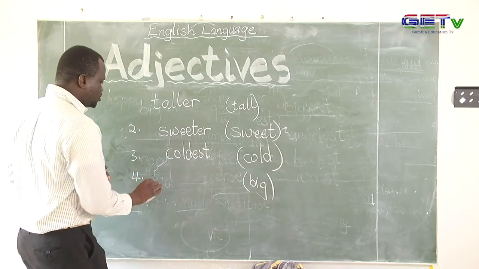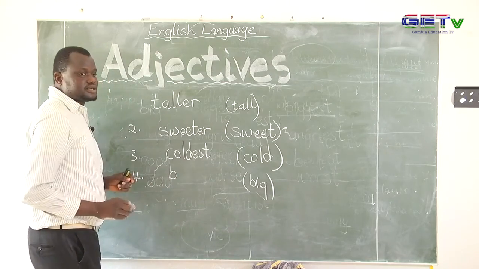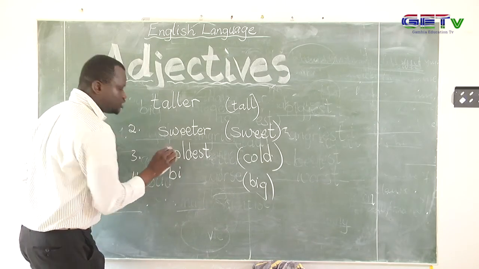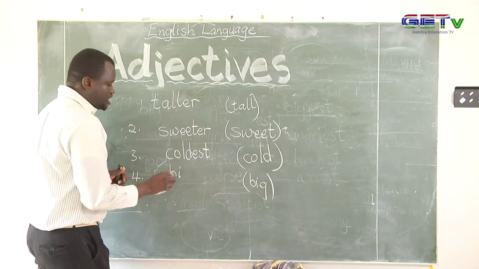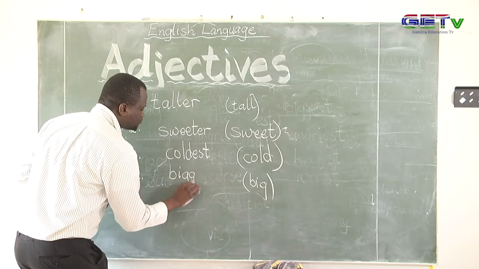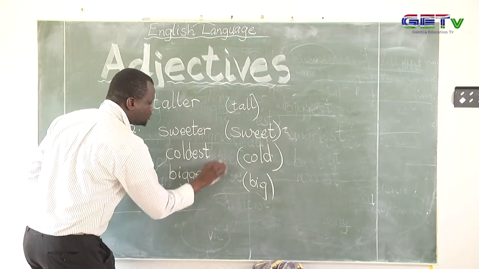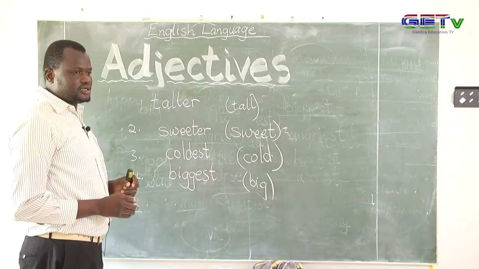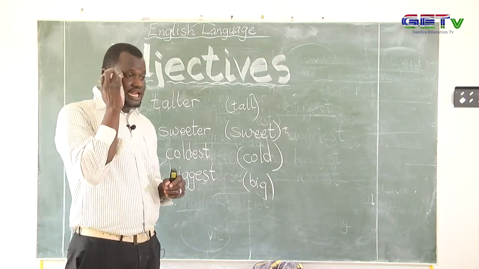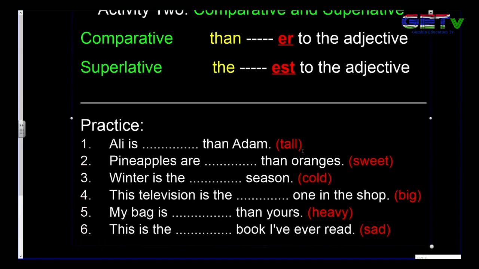So therefore, we are going to add est to big. But remember the rule, before we add est, we have to double the last letter. And now it becomes what? Biggest.